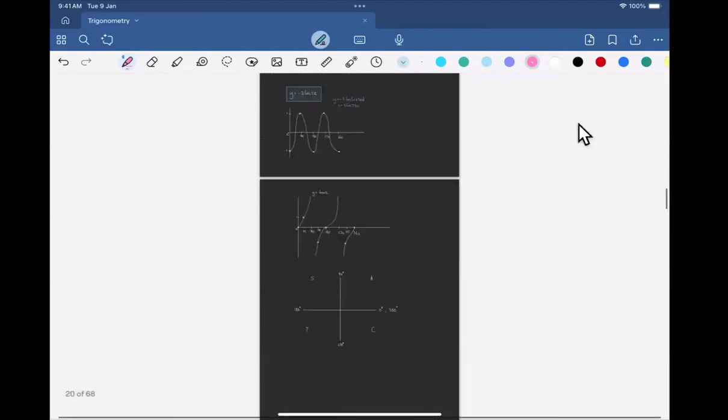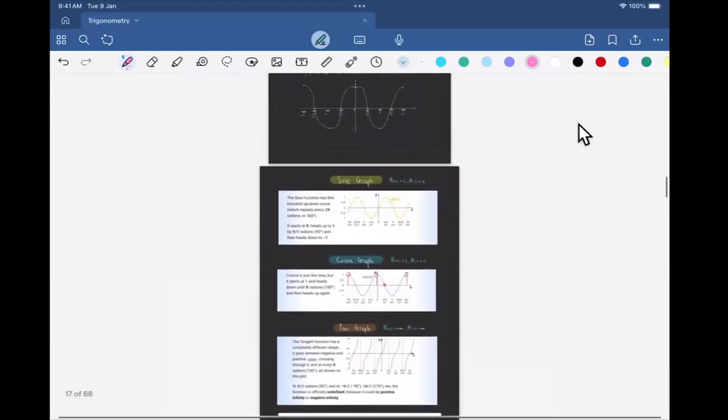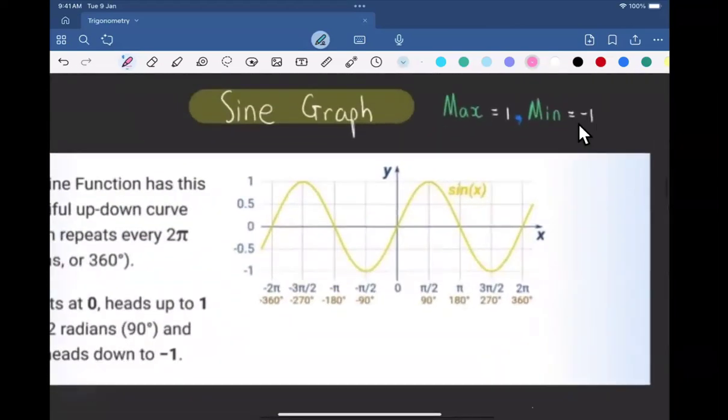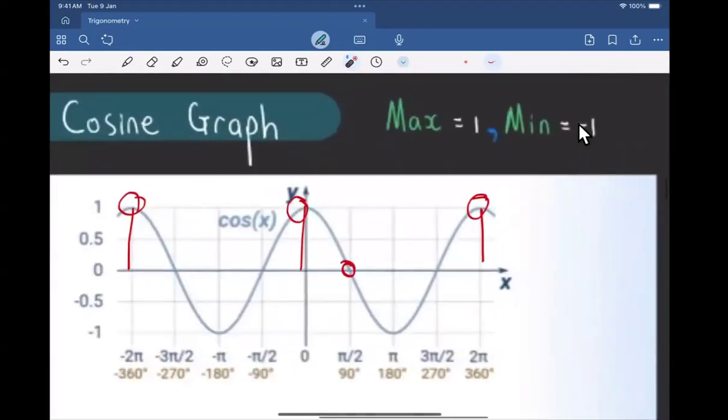Watch this. Remember last class we did graphs? They're saying that everything is positive from 0 to 90. Let me look at sine. If you take some read-offs between 0 and 90, everything is what? Positive. Let me look at the cosine graph now.